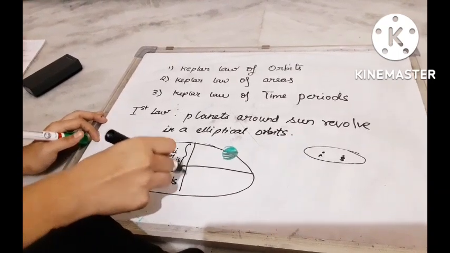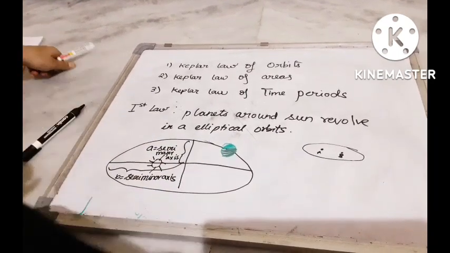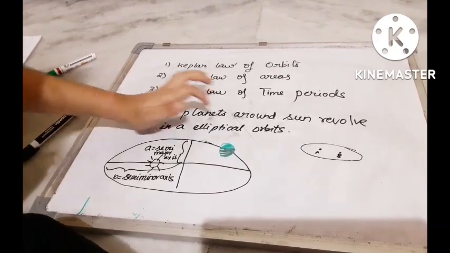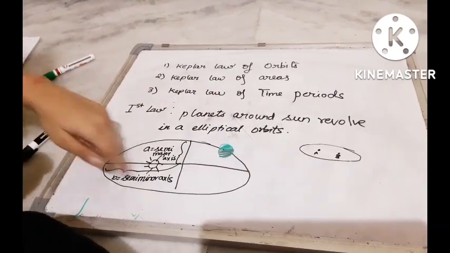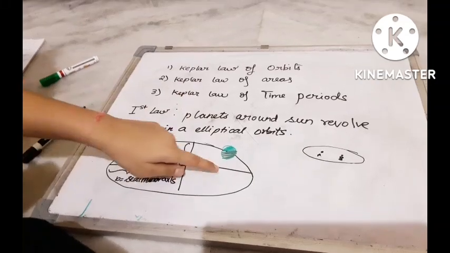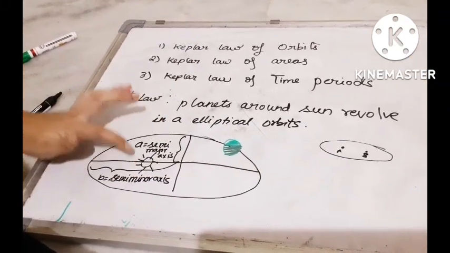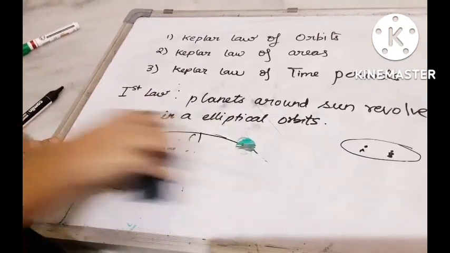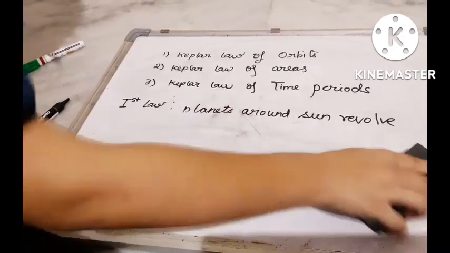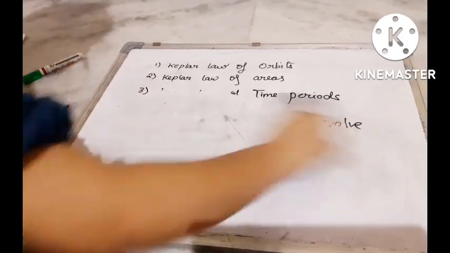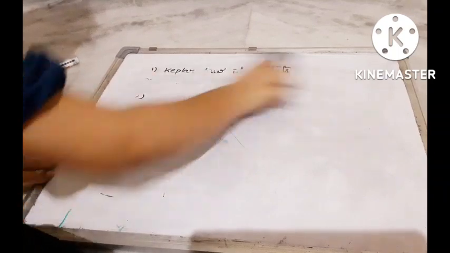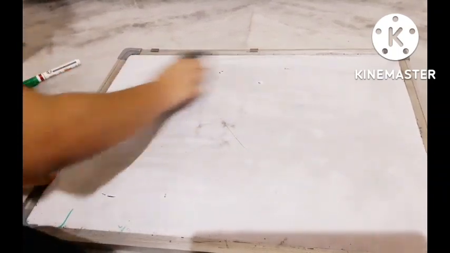So I'll be explaining you again by drawing a big figure. He stated that planets will revolve around the sun in an elliptical orbit, and in that elliptical orbit the sun will be located at one of the focus, and we can see the semi-major axis and semi-minor axis, and then we can go on to calculate eccentricity.